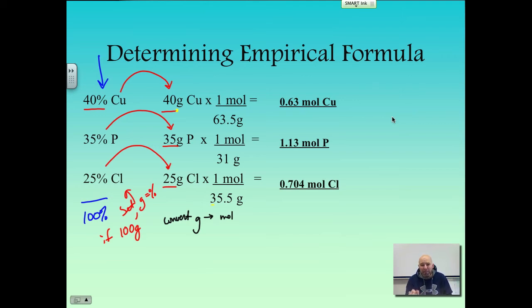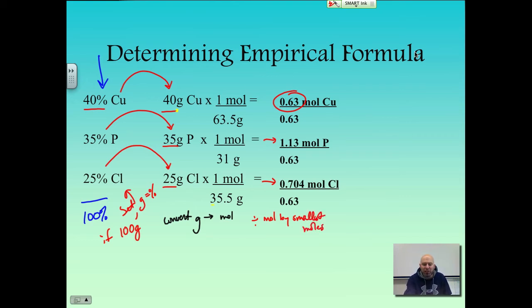Now, once I get my moles of each, I'm going to divide all of them by the smallest. My smallest in this case was 0.63. Notice I had 0.63, 1.13, and 0.704. So I divide by 0.63. Divide all the moles by the smallest moles.